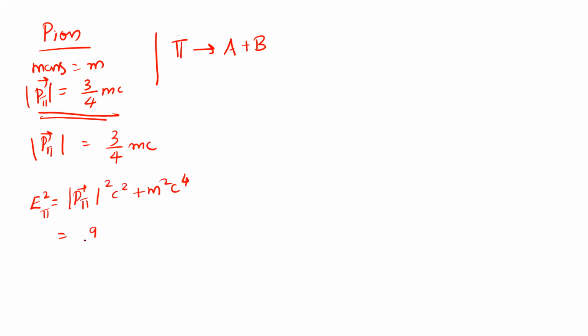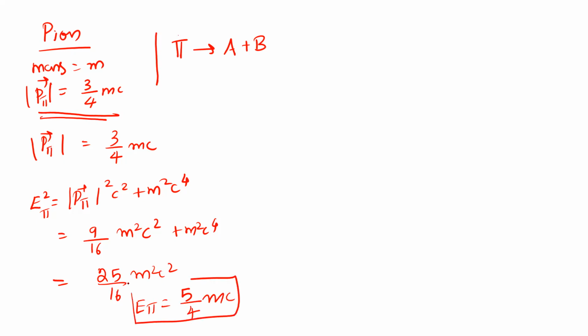Just substitute: p squared is 9/16 m squared c squared, so when you multiply by c squared, it becomes 9/16 m squared c to the power 4, plus m squared c to the power 4. That is equal to 25/16 m squared c to the power 4. In other words, the energy of the pion is 5/4 mc squared. Now we have got the energy and we have got the momentum.